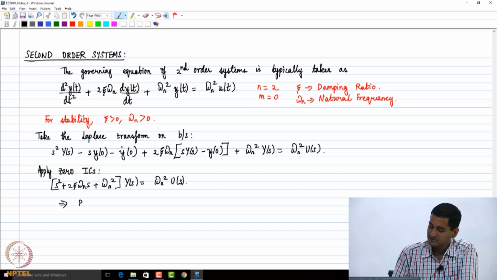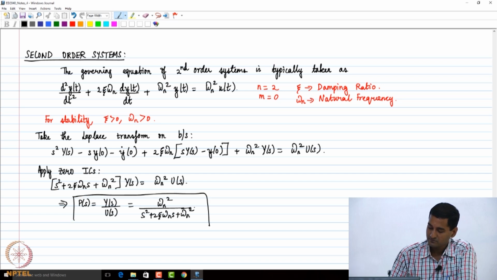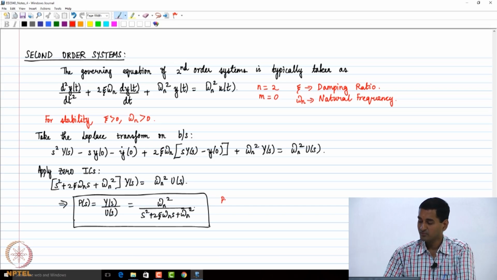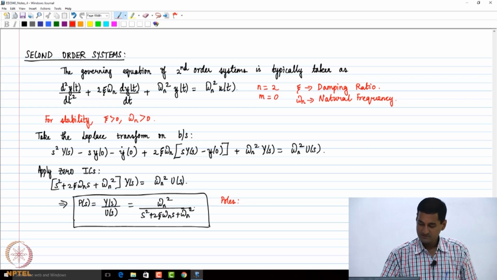So this implies that the plant transfer function P of s is Y of s divided by U of s, which is equal to omega n squared divided by s squared plus 2 zeta omega n s plus omega n squared. So what are the poles of this transfer function? How do you get the poles?